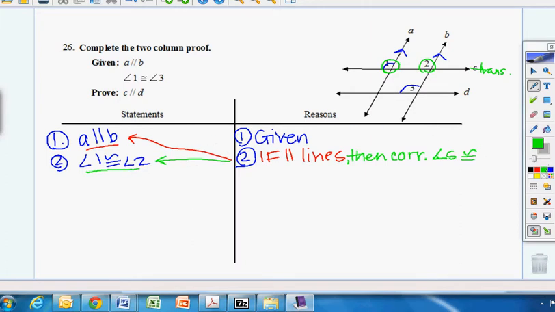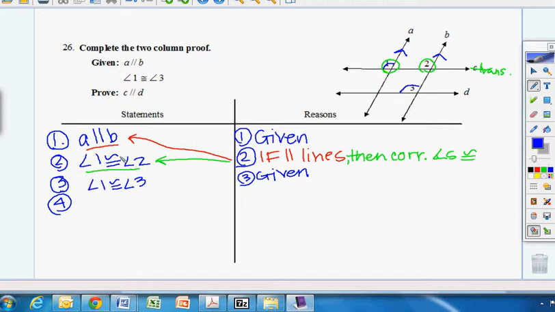All right, so now we're going to write down that angle 1 is congruent to angle 3. And why is that? Well, it's given. You could have written given before, but if you have parallel lines, what can you tell me? I want you guys to get used to that right away. From there, we do want to prove again that C is parallel to D. Well, if C is parallel to D, we need to know something about 2 and 3.